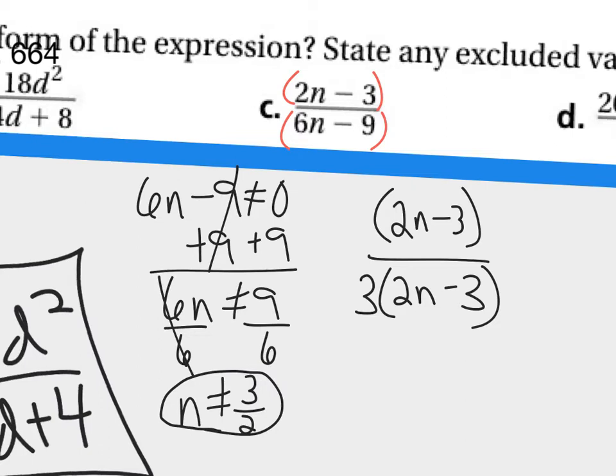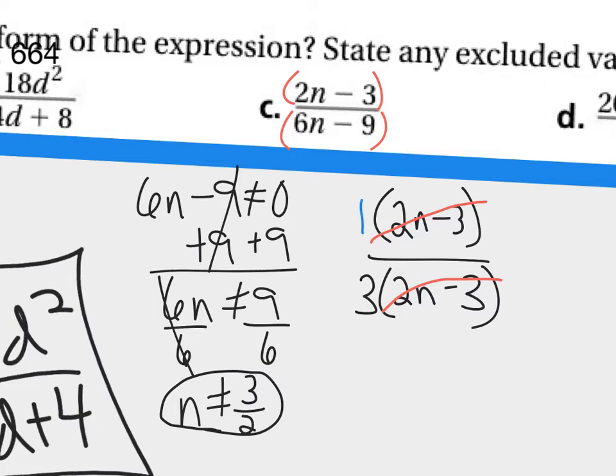So that'd be 3 times the quantity 2n minus 3. So if you'll notice at this point, the numerator and the denominator both have a factor of 2n minus 3. I can cancel that out, but I need to also think about that I still need to have a numerator. So if you put a 1 in front of that, 1 times anything is going to keep the number the same.